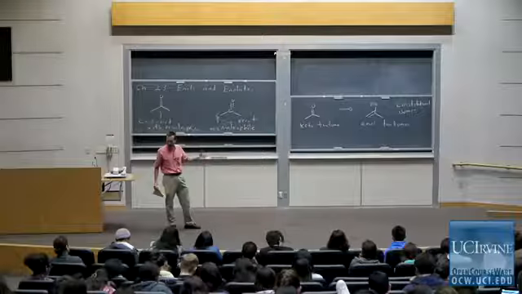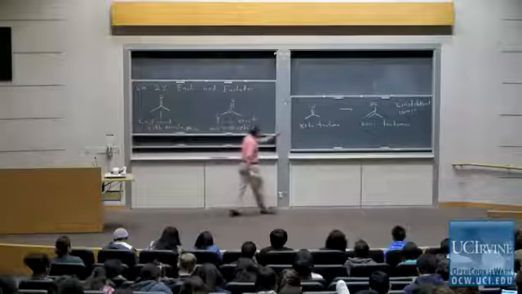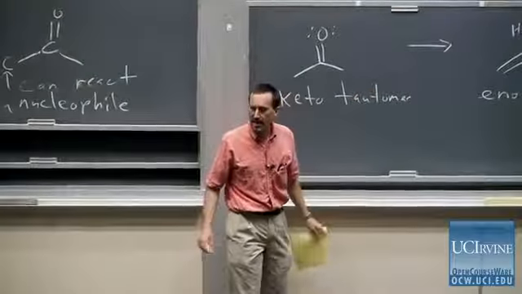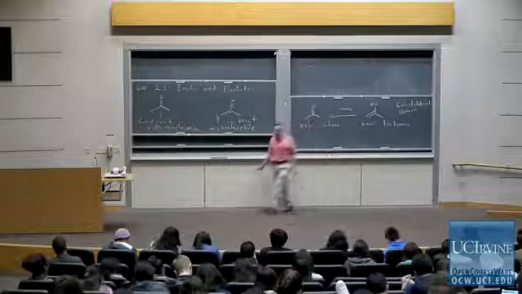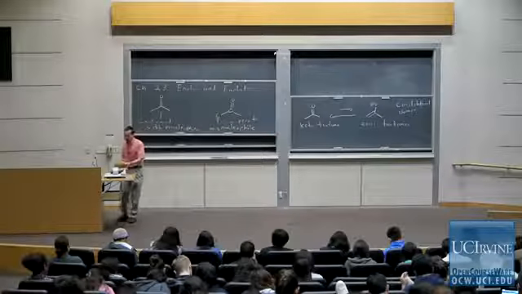Stereoisomers have the same connectivity. Now, as I said, the enol tautomer is in equilibrium with the keto tautomer, and that equilibrium lies way, way to the left. I'll tell you just how far to the left in just a moment, but I wanted to introduce our players.